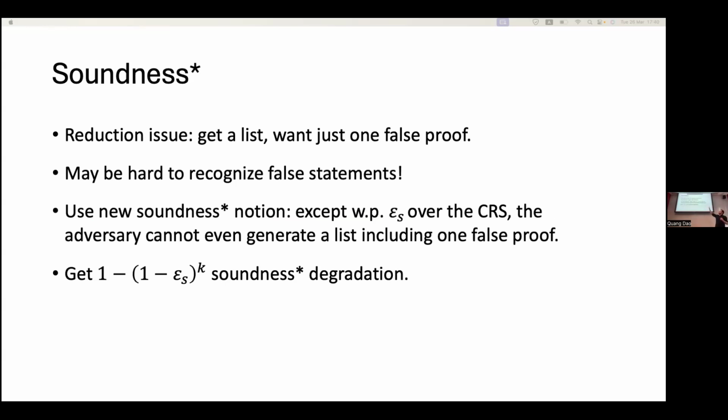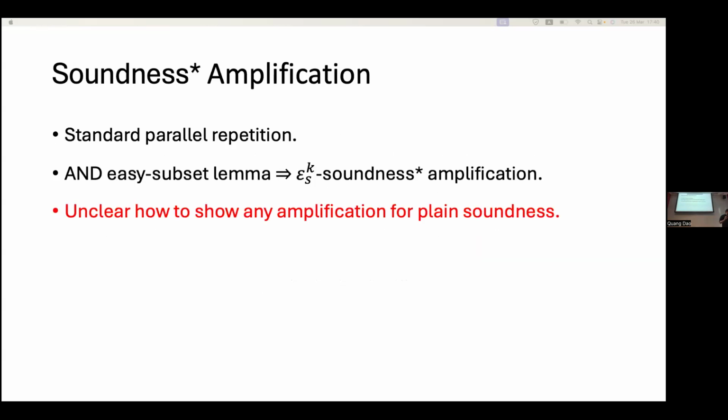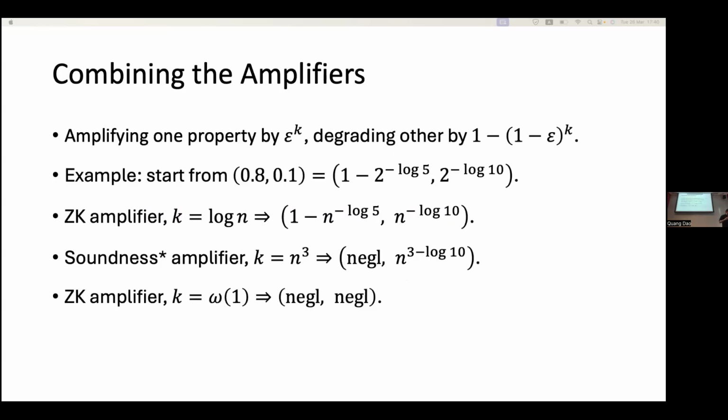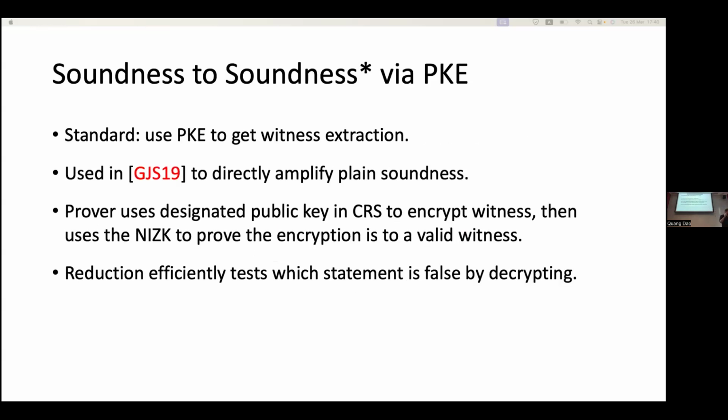But for this notion of soundness star, you're simply going to concatenate them in a very long list, and you can guarantee that at least one of them is good. So intuitively, we use this notion of soundness star, and finally, you can combine the amplifiers in a standard way. I don't have time for this, but just one last thing.